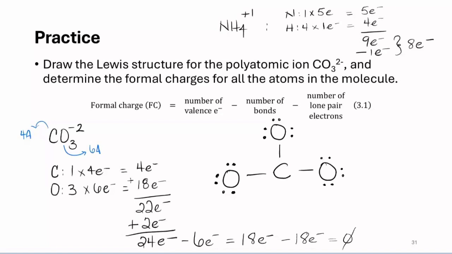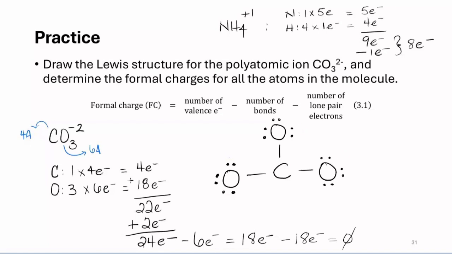Out of all of my atoms, every single oxygen has 8 electrons around them, but carbon doesn't. So you may choose any of those 3 oxygens. You can select the one to the left, the one on the top, the one on the right.